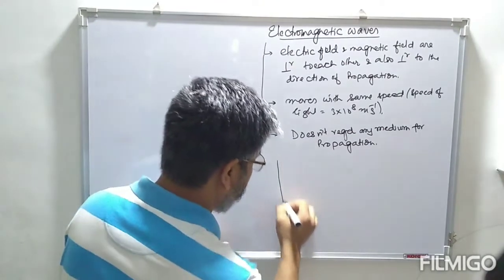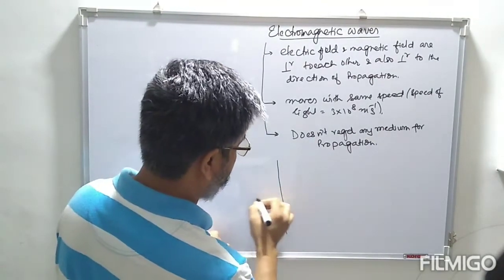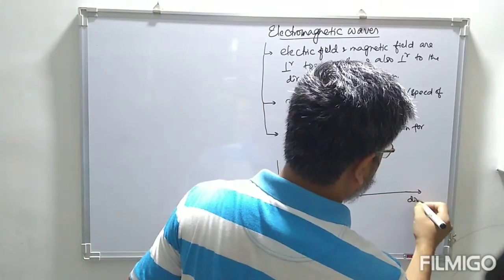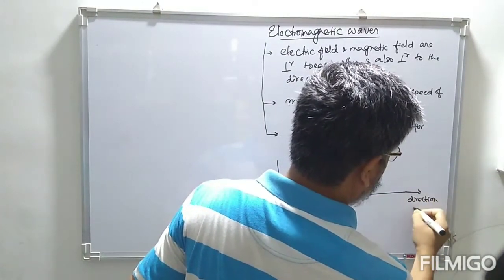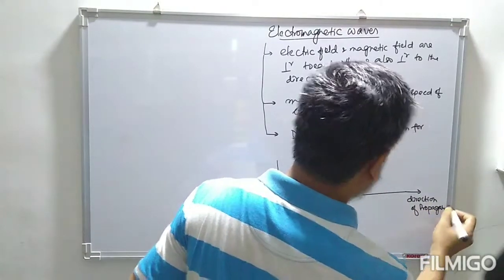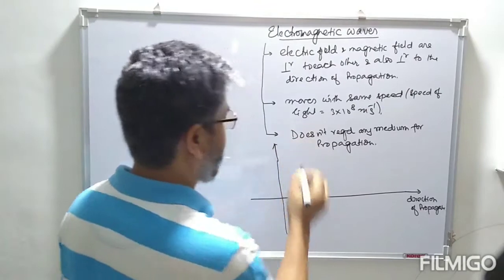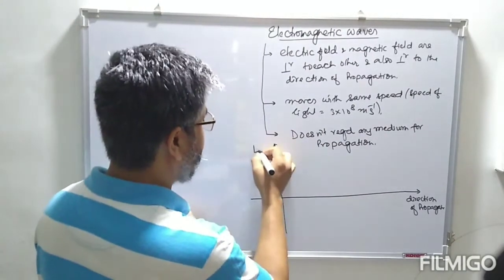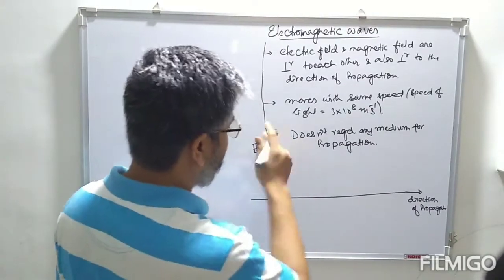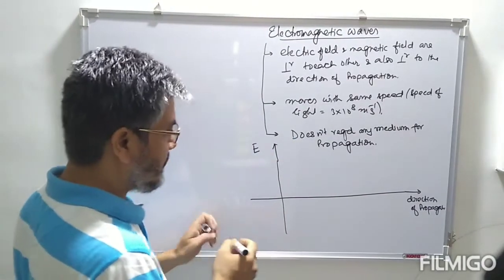So if suppose this is the direction of propagation of the wave, and this is the electric field component, then the magnetic field component will be perpendicular to this electric field component.